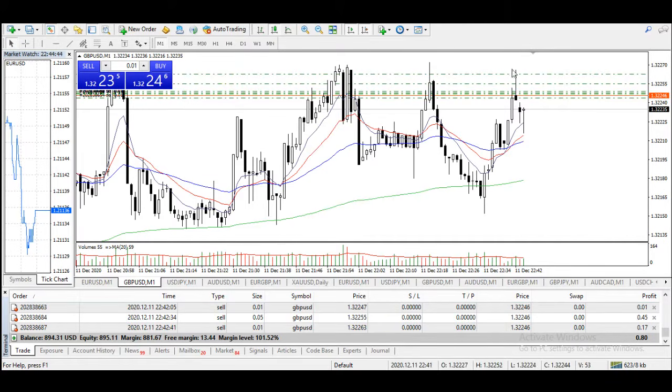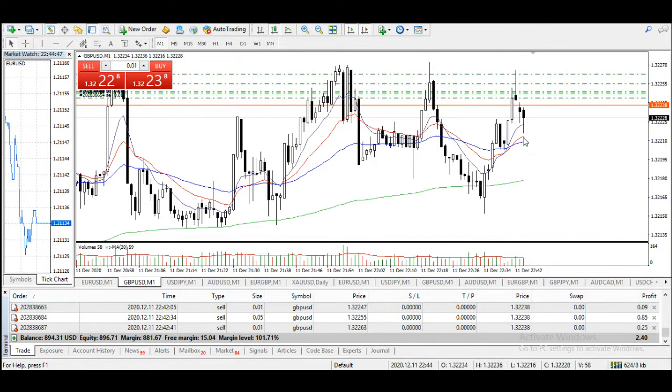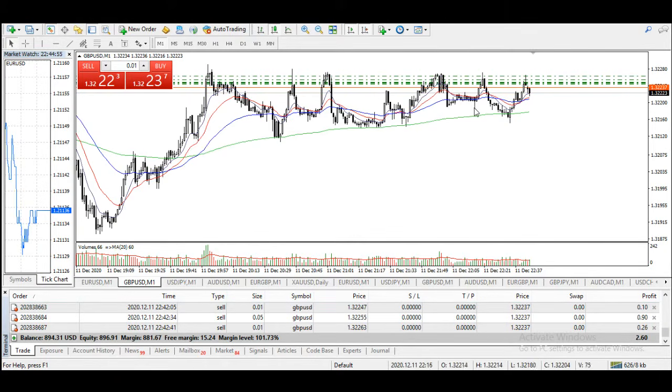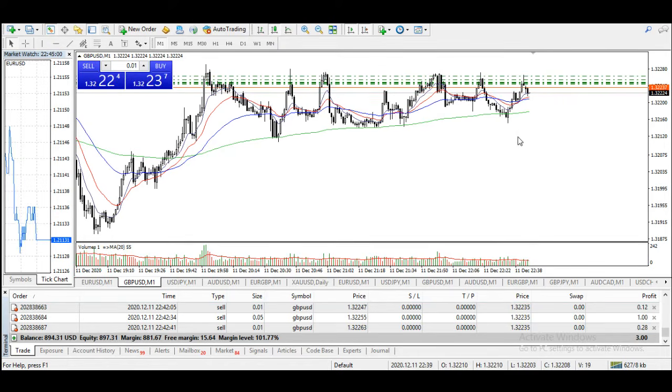So here I am, I have sold. Price now reached EMA 9 and 20, but I didn't close. I'm waiting for the price to reach EMA 200, the support level. And when to quit from this range? When price breaks EMA 200, let's say here.